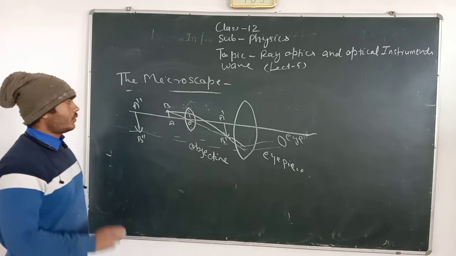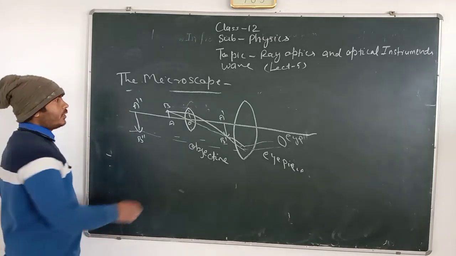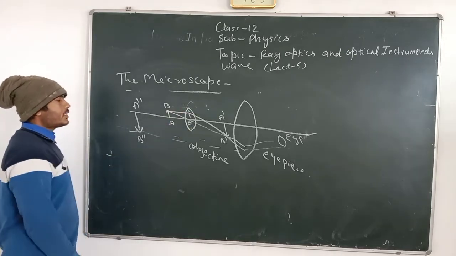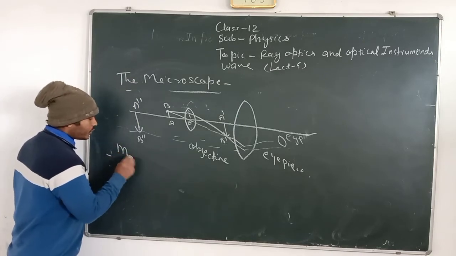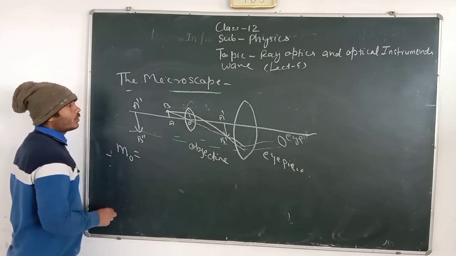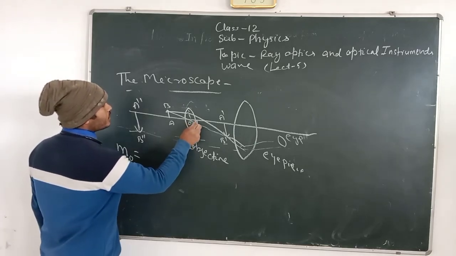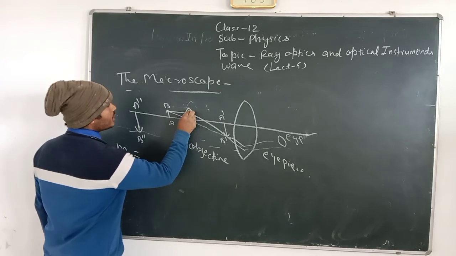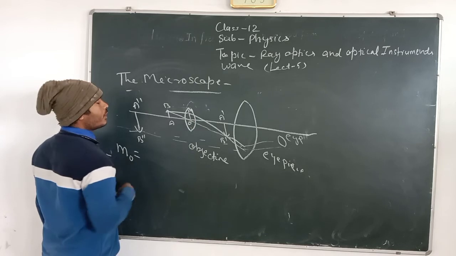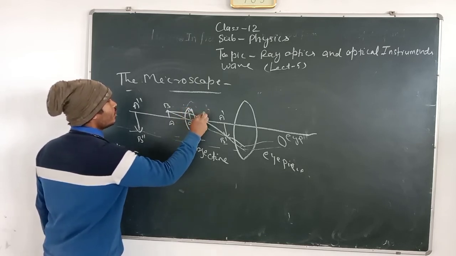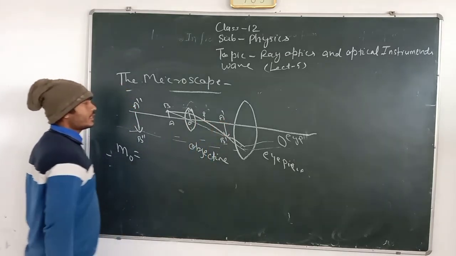That's clear now. In this case, what will be the magnification? The magnification for the objective lens and the magnification for the eyepiece. I am writing here the magnification of the objective, Mo, that will be equal to how much? Tell me. I am taking this triangle, let us suppose O, M and F. And this triangle A dash, B dash and F will be what?